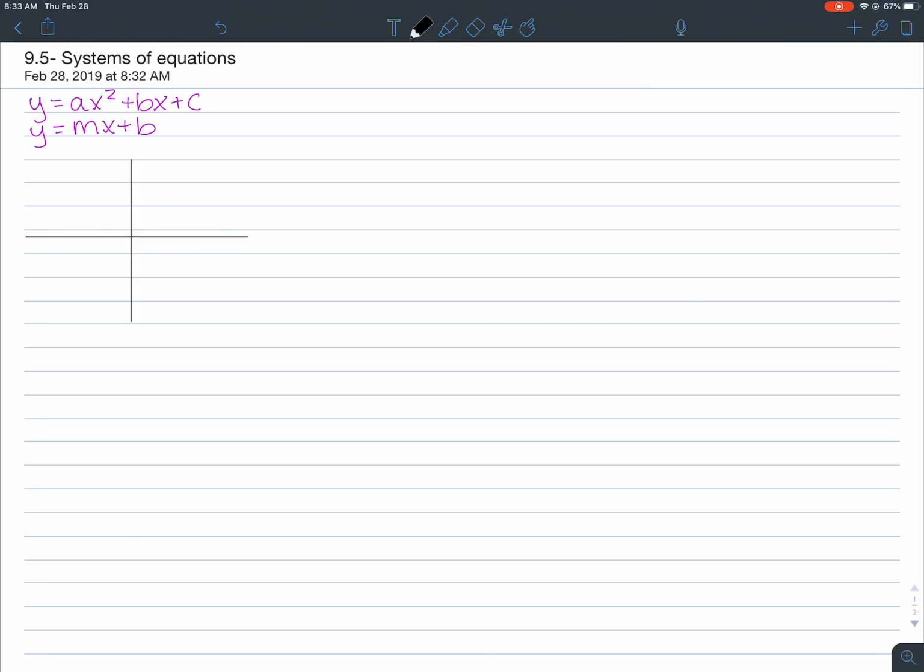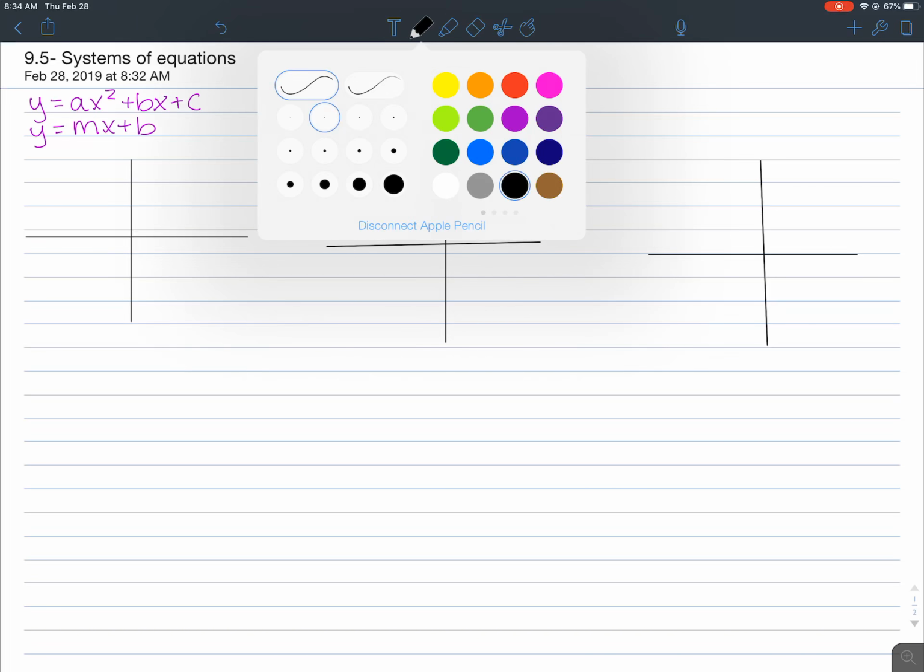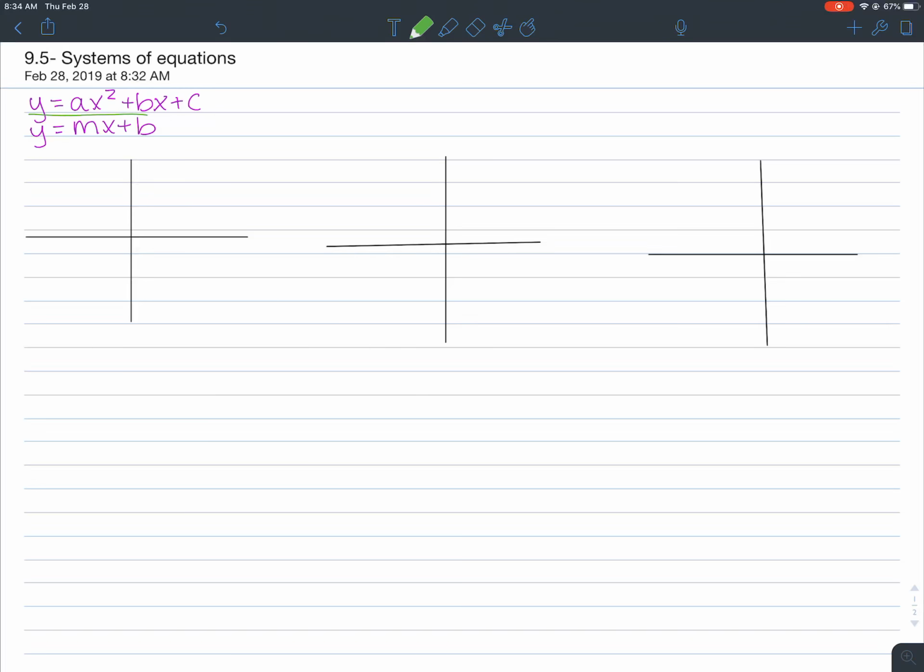So just like the number of x-intercepts, we can have them intersect up to 2 times, and then they may not intersect at all, so it might also just be 0 times. So if we do our quadratic, we can just draw the parent function. It looks kind of like this.